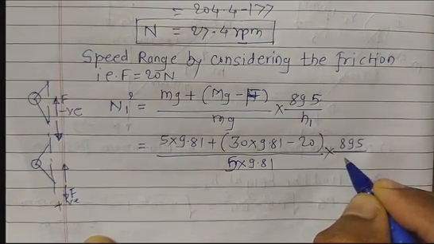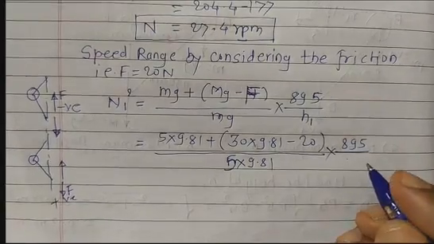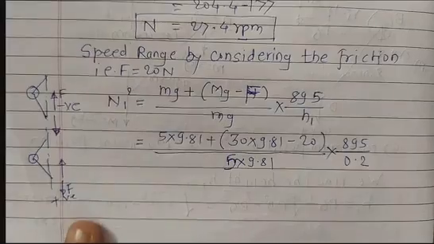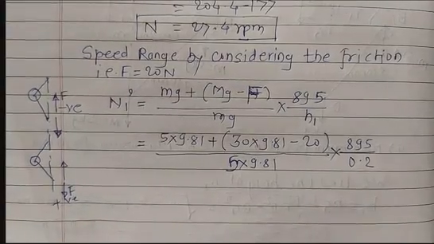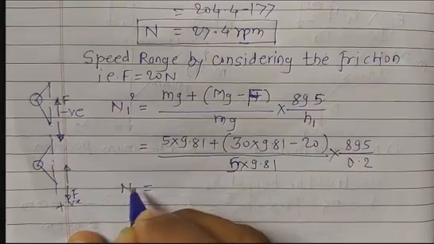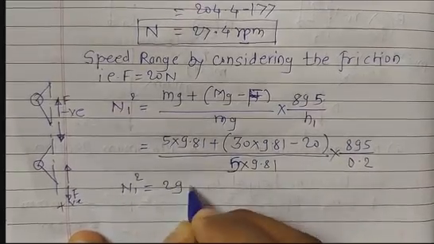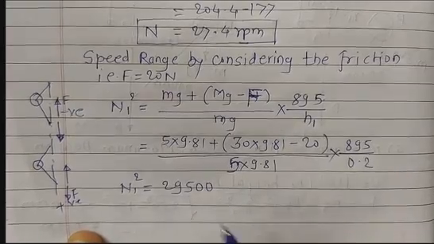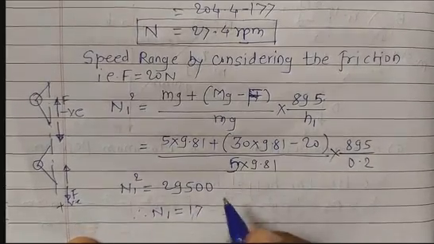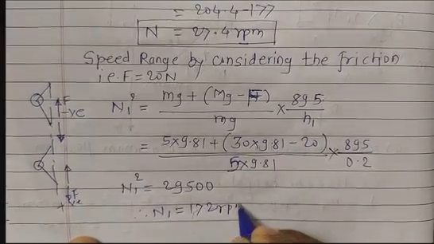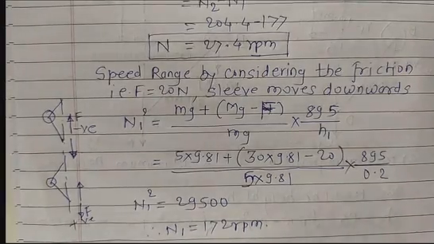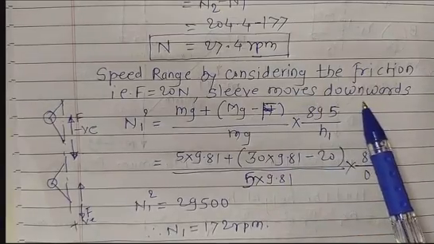The h1 calculation is already done by us, so 0.2 is substituted here. After simplification we can get n1 square equals 29500, and for n1 we get 172 rpm.